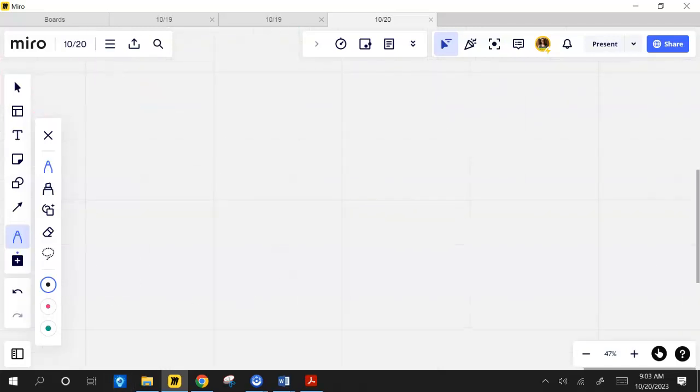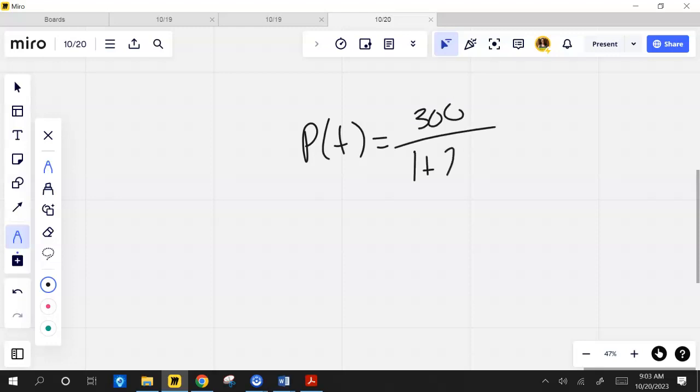Let's do one application and then I'll be done. The spread of a rumor in a certain school is modeled by the equation.